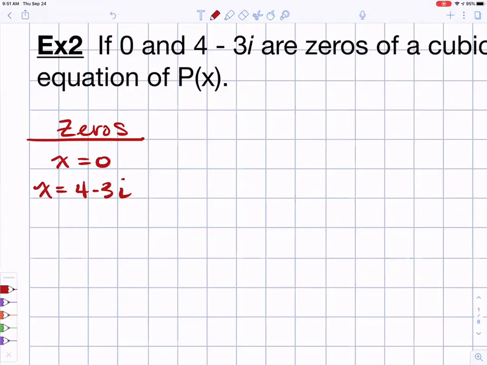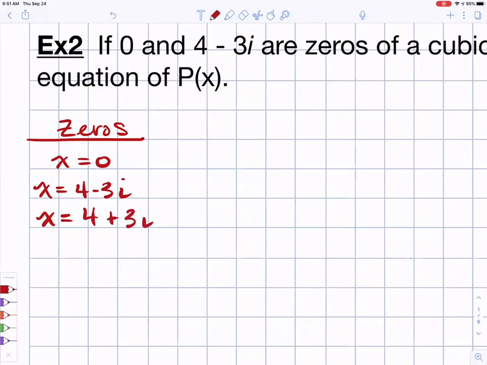So how many zeros should I have? 3, but I only have 2. Go back to the theorem, the one that you had on the video, because your theorem will tell you what the third 0 is. X equals 4 plus 3i.